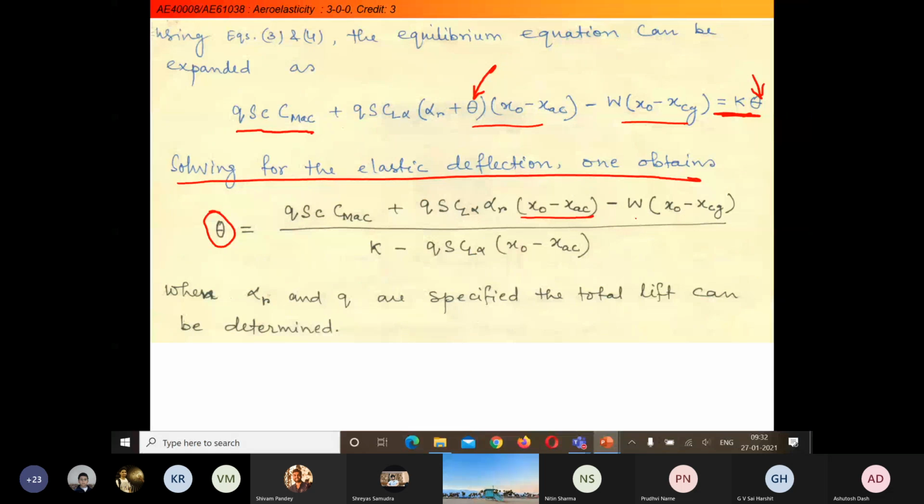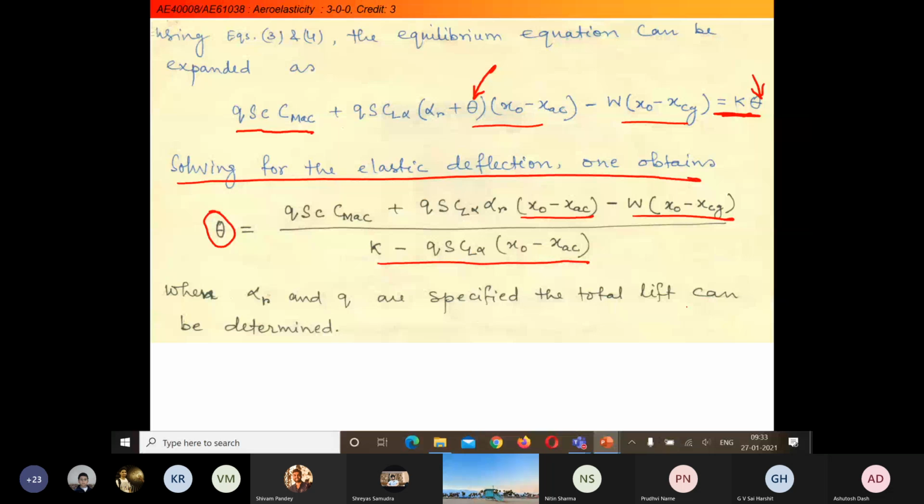So this is the denominator term. When alpha r and q, the dynamic pressure, are specified, then we can calculate the total lift and also the response of the system.